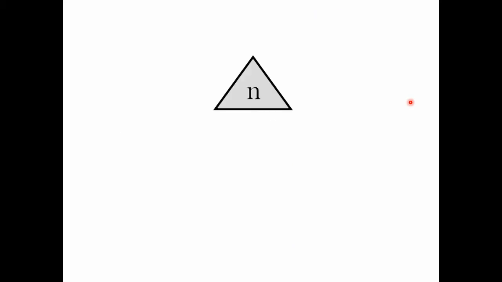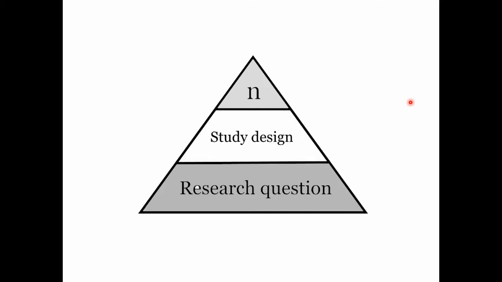And so what usually happens is that people often come to the statistician quite late in the process, and they almost always start with the question of how big does my study need to be? And the reality is that how big the study needs to be, hopefully we've started to see this now over the course of the module, is a function of a lot of other different things that have to do with the study's design, and things that ultimately have to do with the research questions being asked.